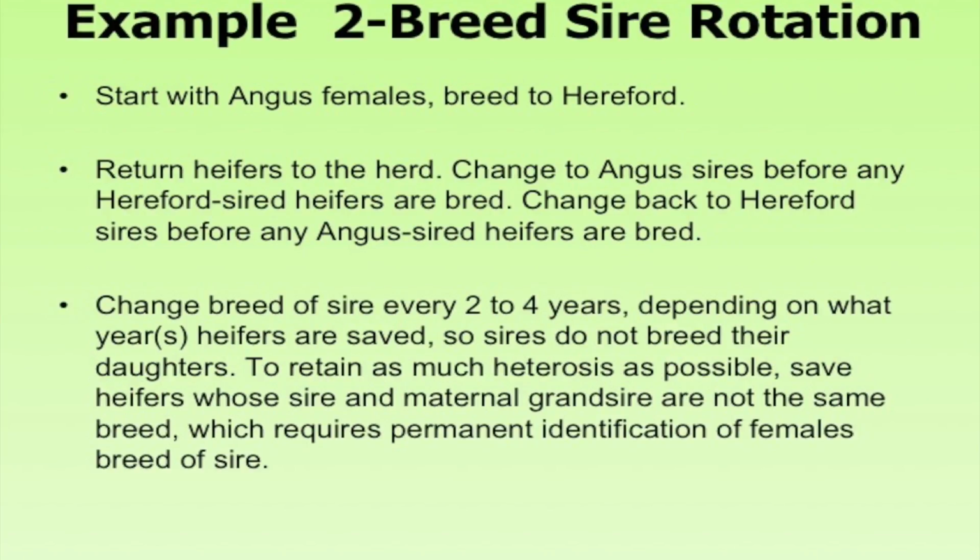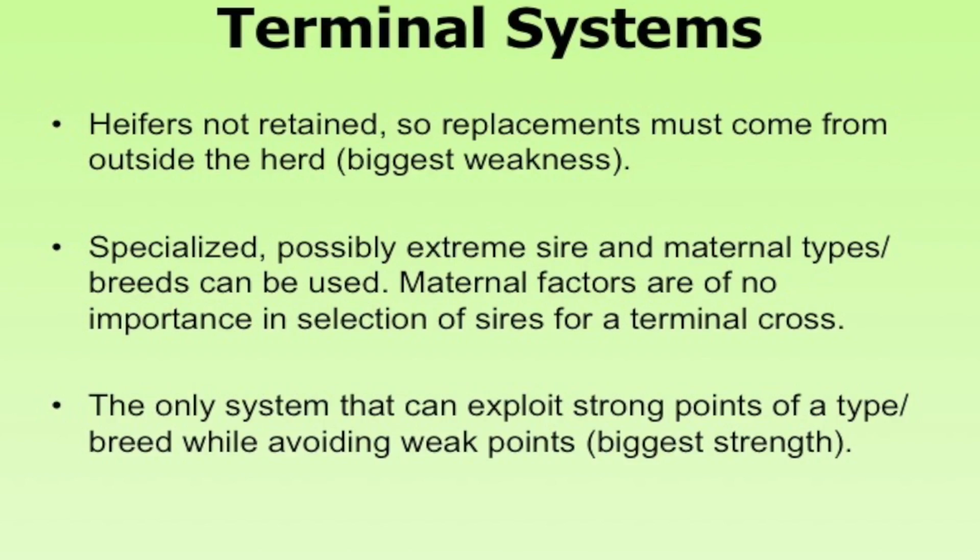Our two-breed sire rotation, Angus and Hereford again: you return the heifers to the herd, change to Angus sires before going back to a Hereford sire. Terminal systems, the heifers are not retained, so those replacements have to come from outside sources.